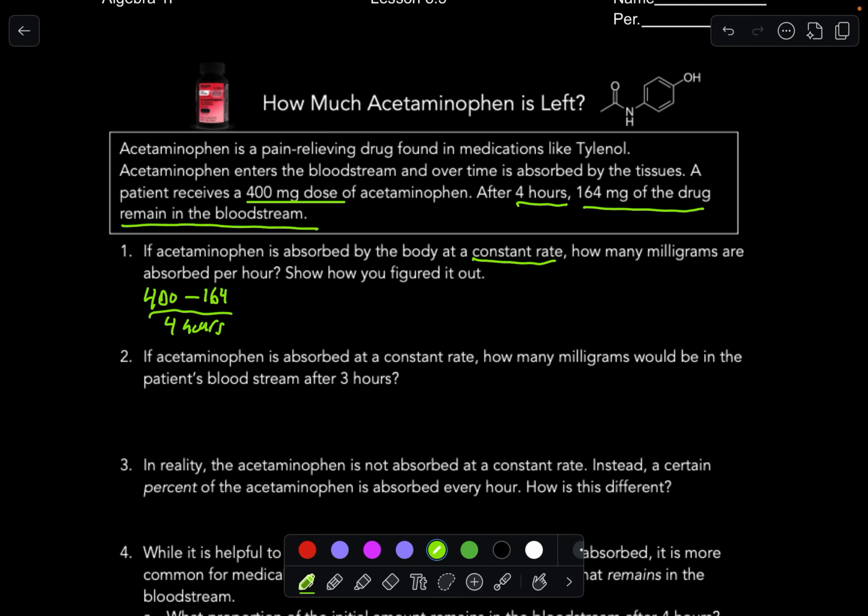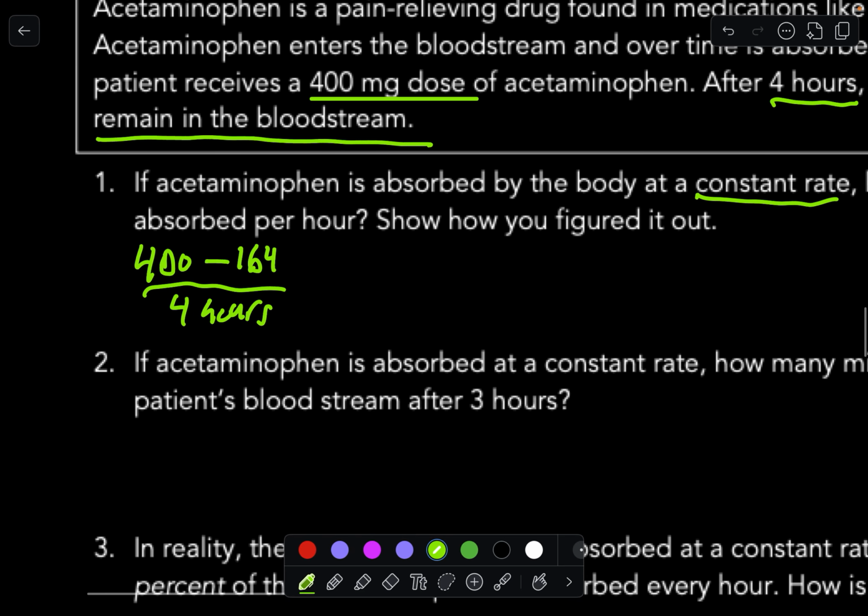So it decreased from 400 to 164 over a time period of 4 hours. And when you calculate that, that works out to be 59 milligrams per hour.